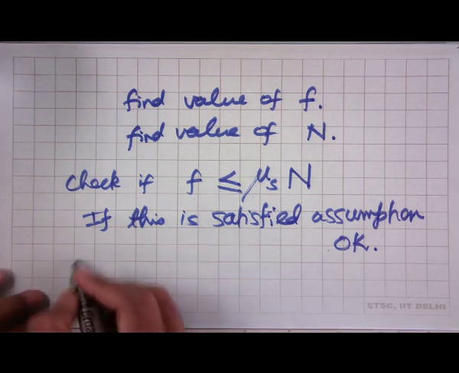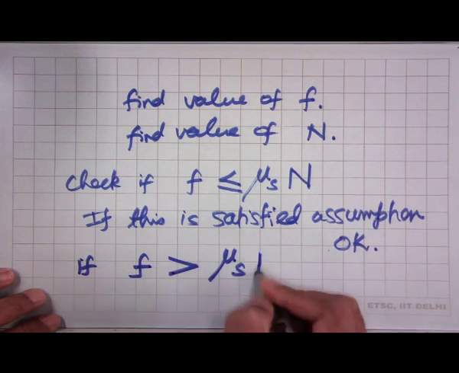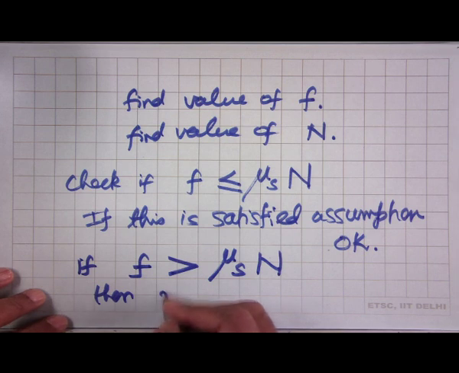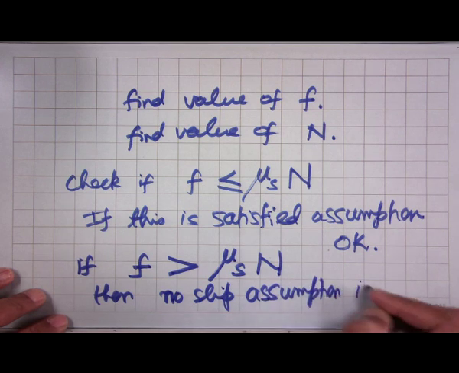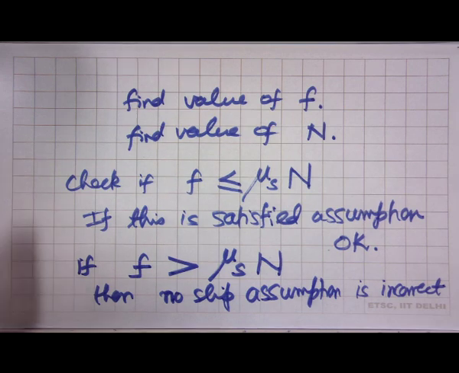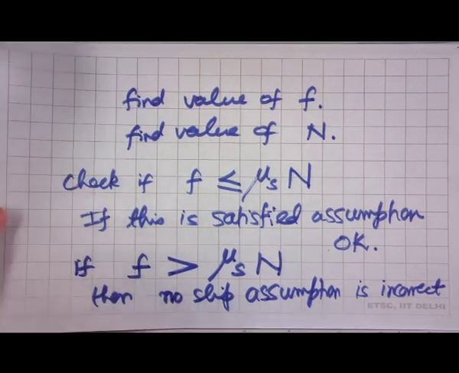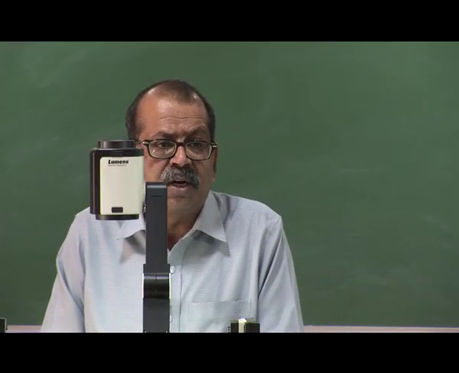But if f turns out to be greater than mu s N, then the no slip assumption is incorrect. The assumption we have made of no slip is incorrect because the friction force which we are getting turns out to be greater than mu s N. As soon as it becomes equal to mu s N, the body will start to slip.